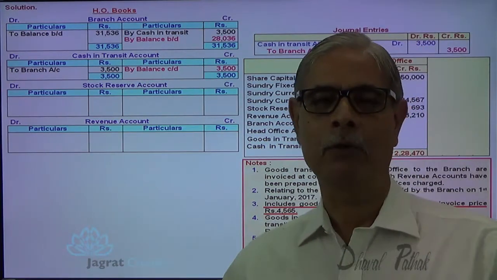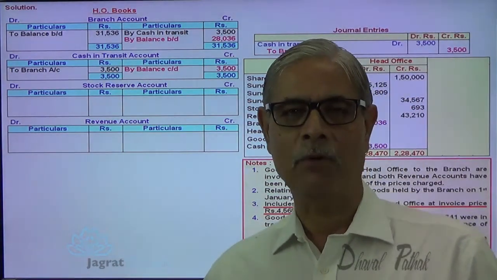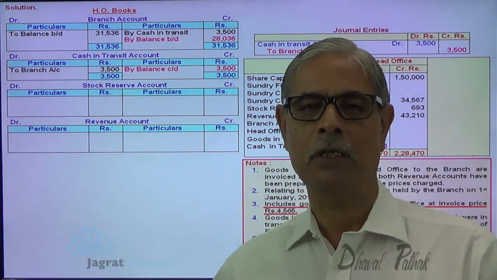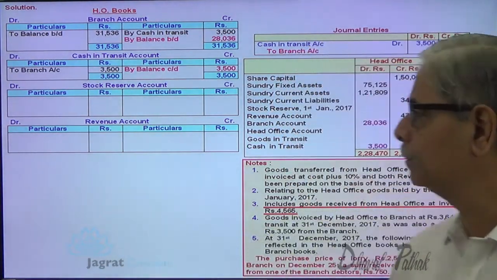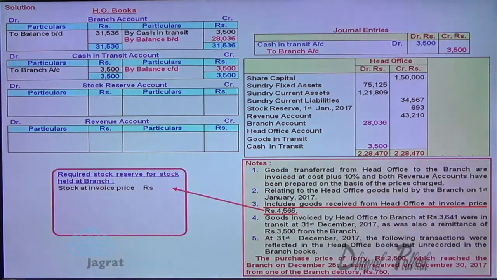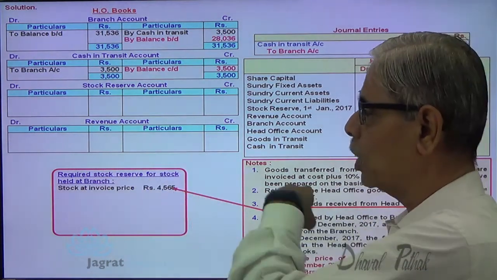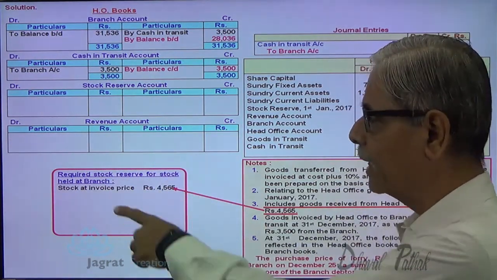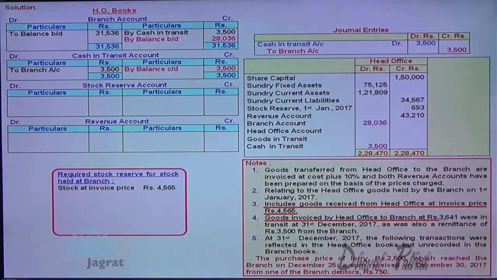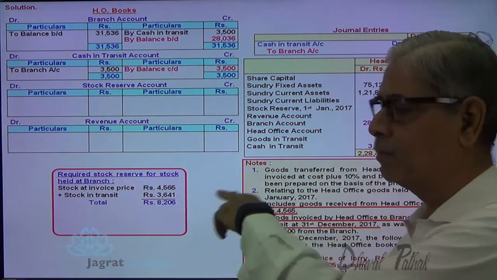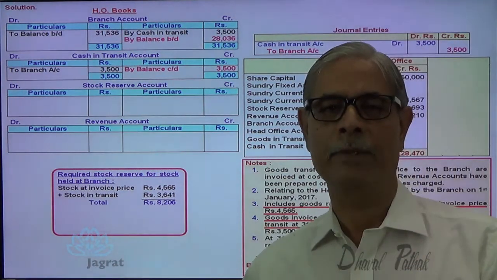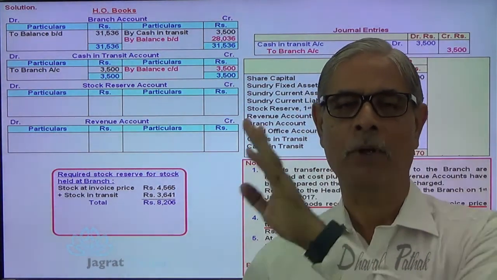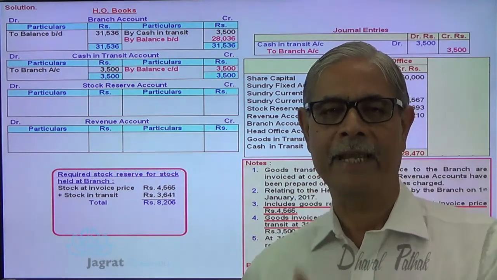I want to find the unrealized profit in the closing stock and goods in transit. So the required stock reserve is for stock held at branch at an invoice price, plus goods in transit, so total stock under the ownership, which holds a profit load of cost plus 10%.